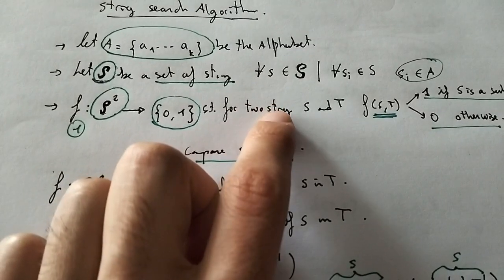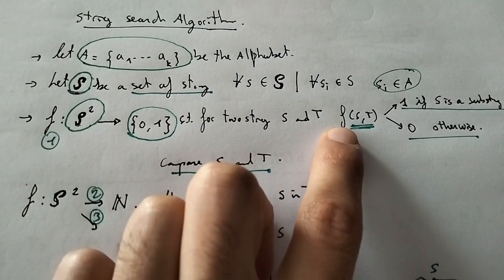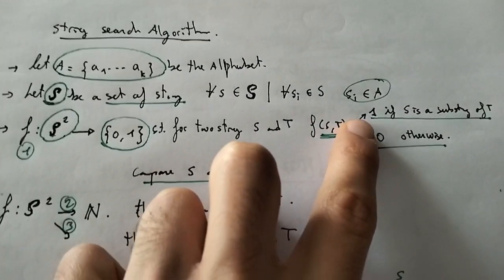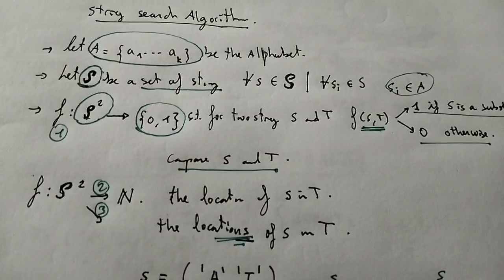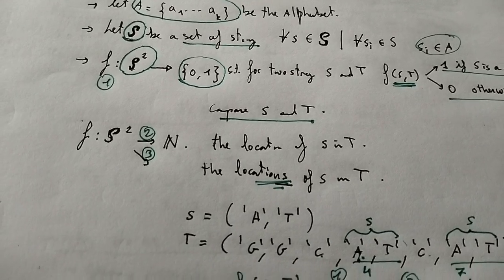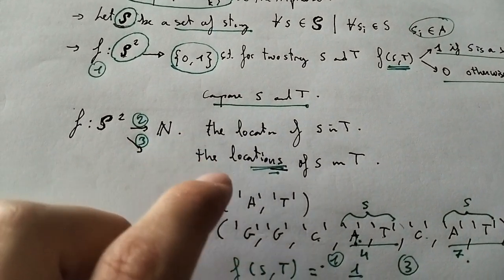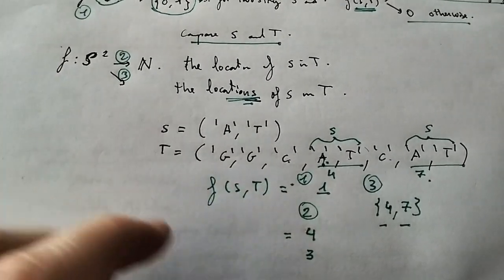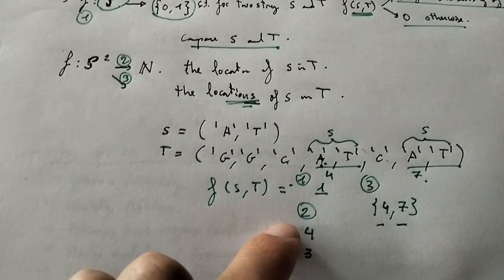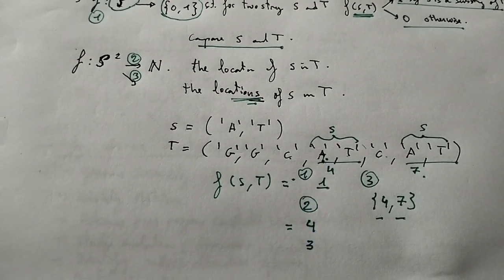So if we send two strings s and t to the function, it will output 1 if s is a substring of t and 0 otherwise. There are also some variants of this function. One of the variants could be, for example, to give the first location of s in t, or the other variant could be to give all the possible locations of s in t, as we have seen here.